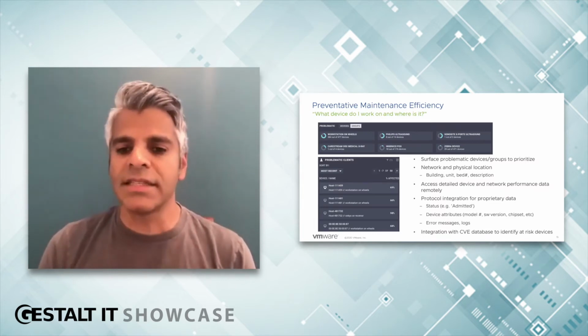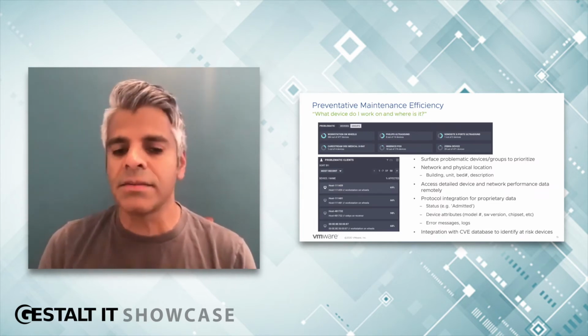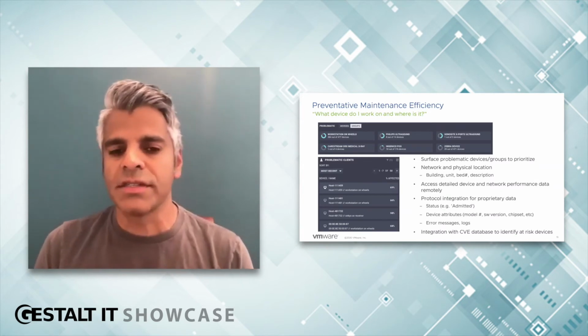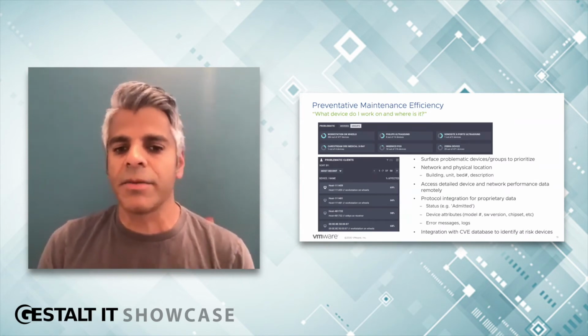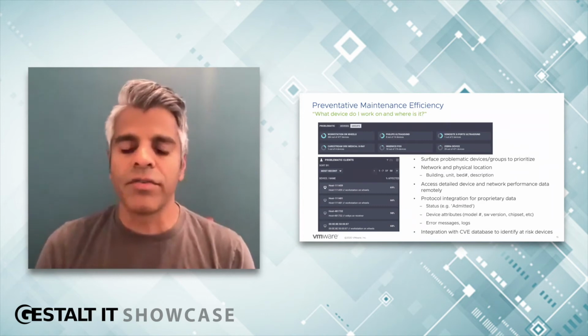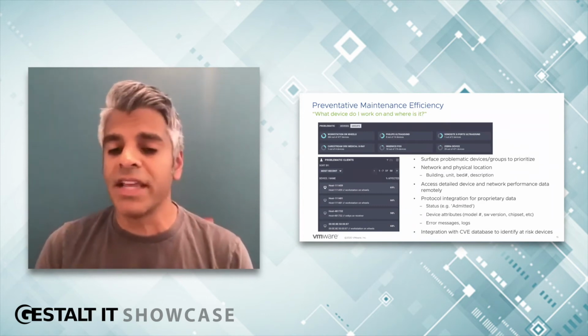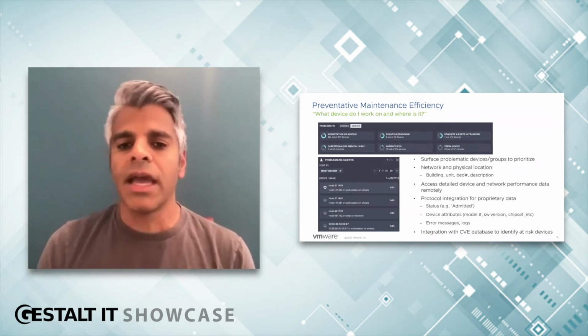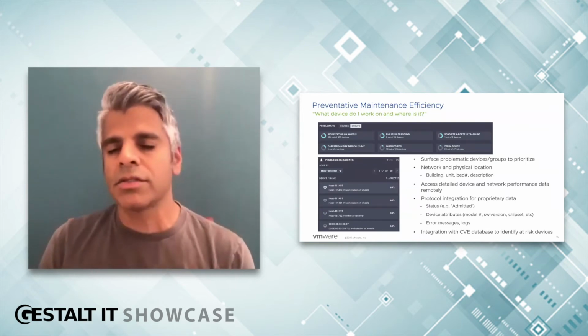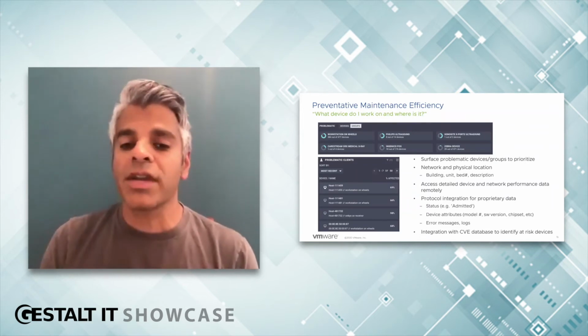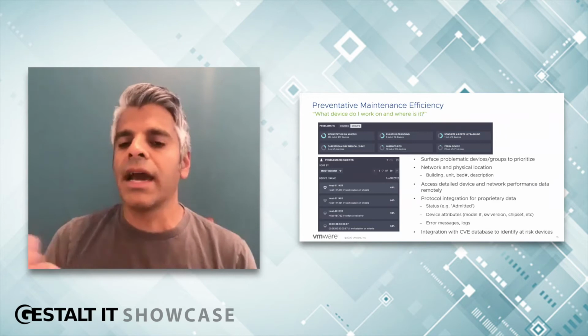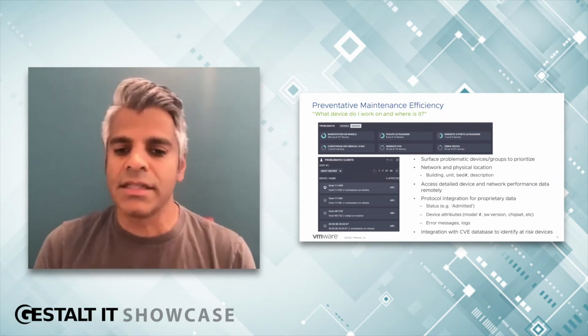So the system automatically surfaces client devices that are having problems over and over again, or at a specific time of day or whatever have you, and makes alerts or reports or recommendations on how IT can address these problems.